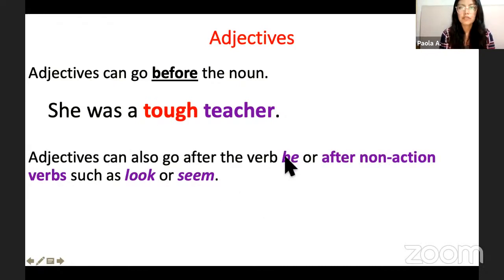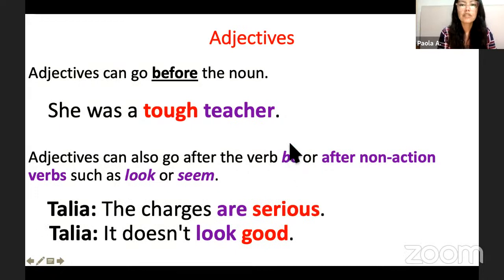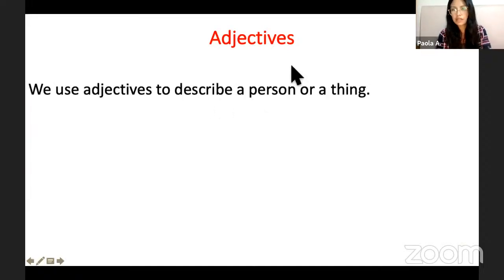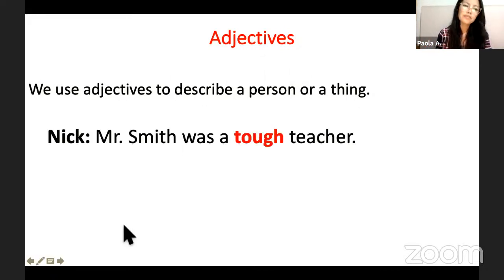Or sometimes after the verb be, or after a non-action verb, such as look or seem, like are serious or look good, right? But what are adjectives? Adjectives help us to describe a person or a thing, right? That's the main use of adjectives, to describe either a person or a thing.